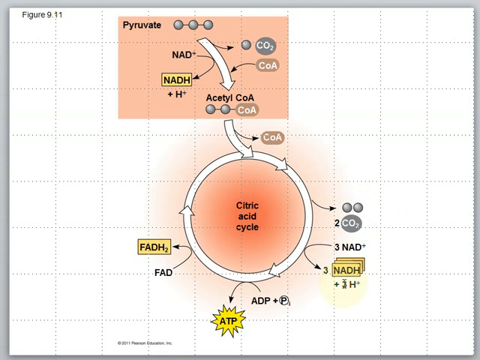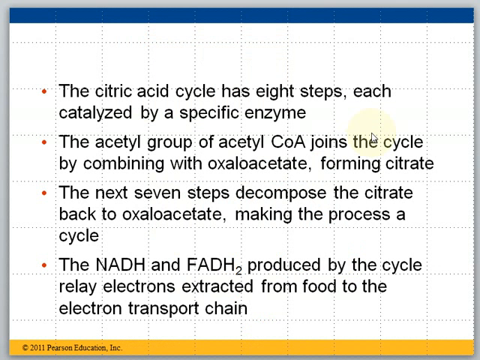We create some carbon dioxide. We create a single ATP, and we create one of these FADH2s, which is another electron carrier, another temporary battery, you could think of it as. And then the material that is created at the end can go back into the cycle and go again. We're going to have 2 turns of this cycle for every single molecule of glucose that we put in, because we broke that into 2 pyruvates.